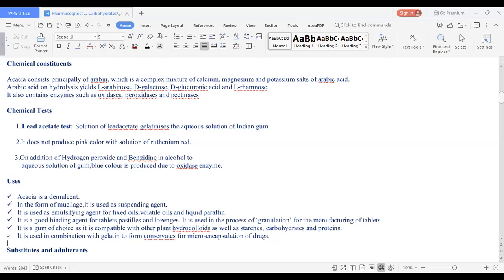It is used in combination with gelatin to form coacervates for microencapsulation of drugs. Means it will enhance the stability period of microcapsules when it is mixed with the formulation.